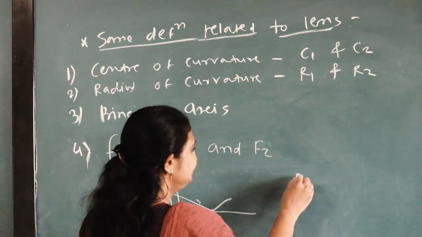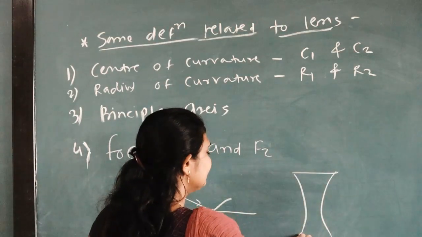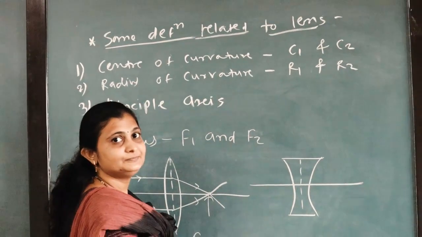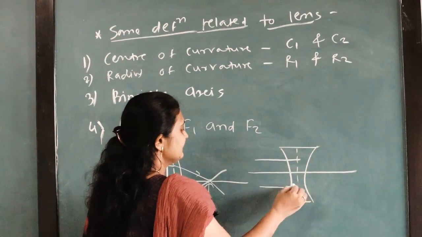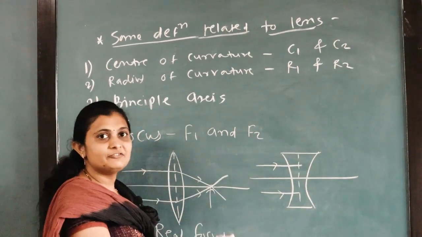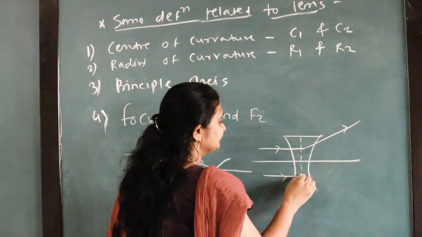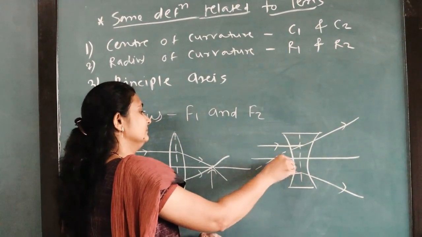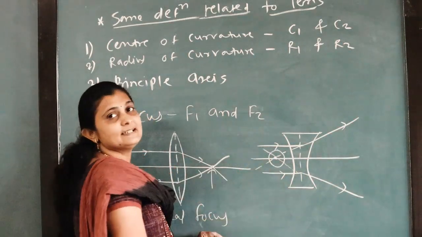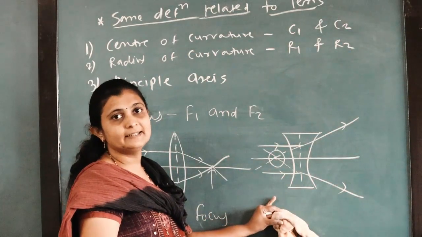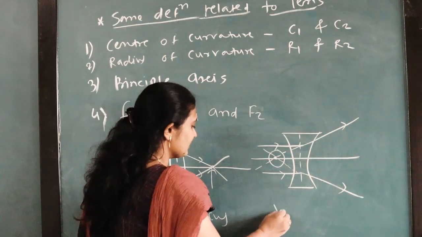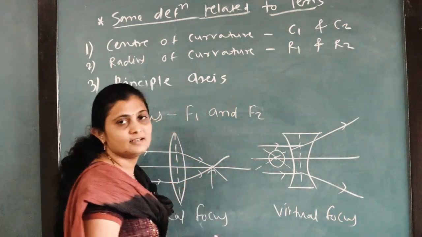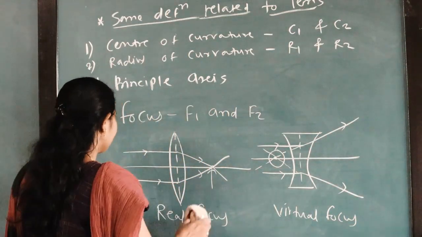Now what about the concave lens? Principal axis, parallel rays after refraction they diverge, hence we have to extend it backside. At this point we get the focus, and this focus is the virtual focus. This is the virtual focus.